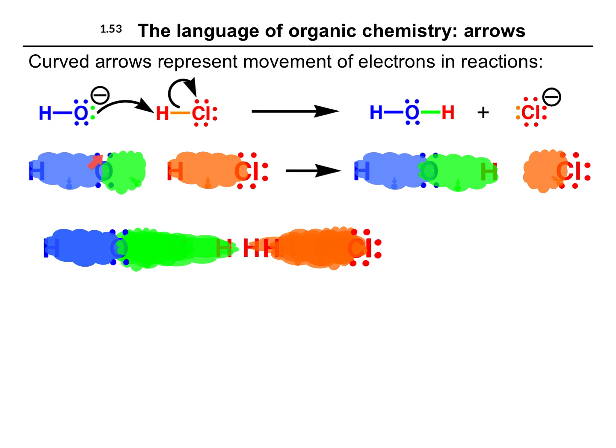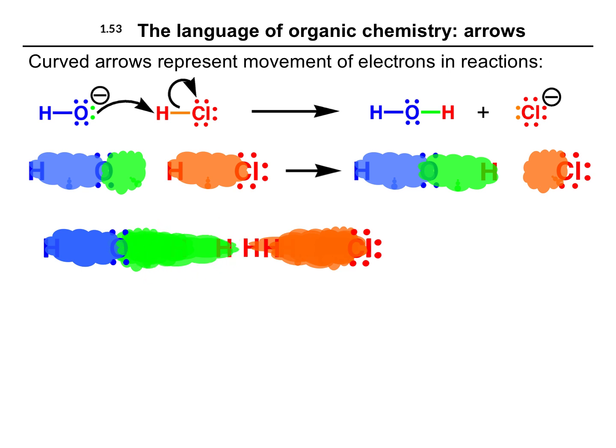I'm not showing the blue lone pairs, but the green lone pair could be a cloud that exists over here. Hydrogen and chlorine, this bond is also a cloud. Now, as these electrons move over here to grab the proton, we want to think about this cloud stretching out to grab the hydrogen.